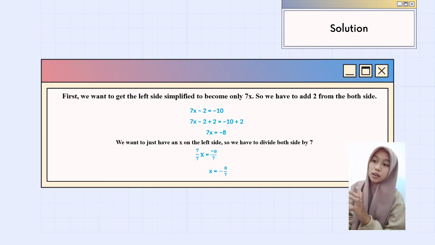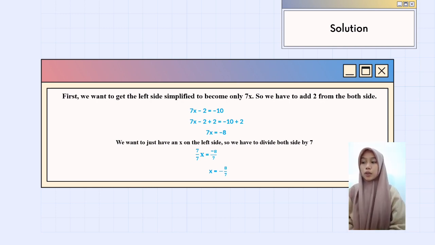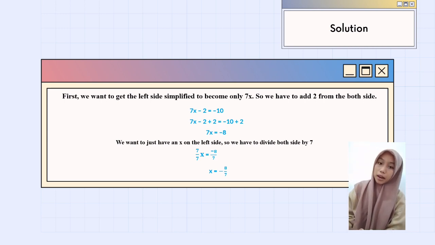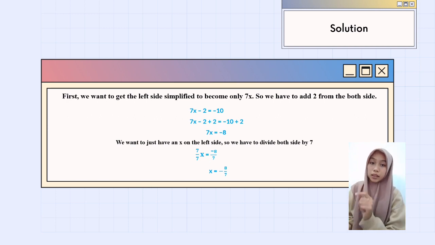So 7x equals negative 8. Next, we want to have just x on the left side, so we have to divide both sides by 7. 7x over 7 equals negative 8 over 7. So we have x equals negative 8 over 7.